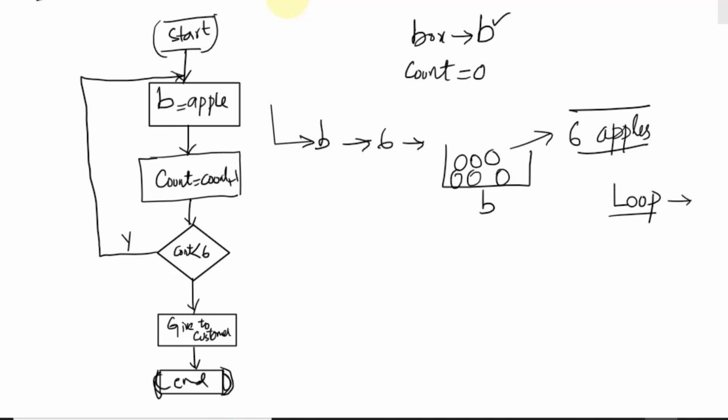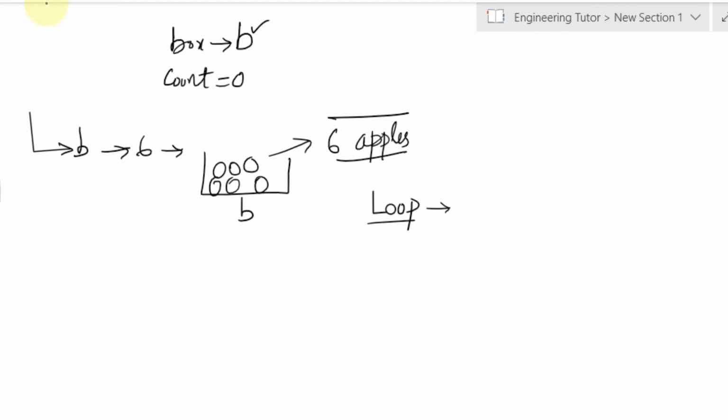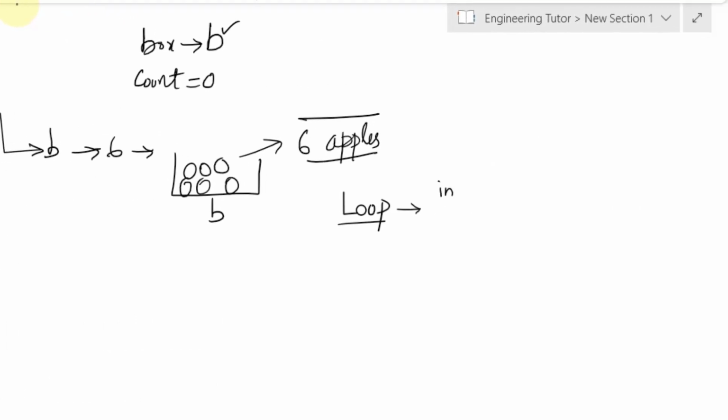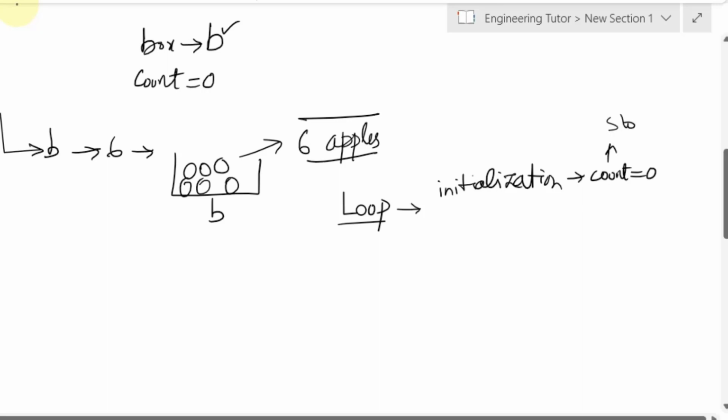So in a loop we have some important parts. The first one is the initialization, which we have done here, like count = 0. In initialization we have a counter, which is like a stopwatch, and we have given it a starting value.